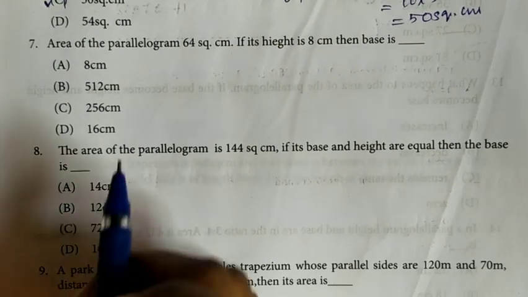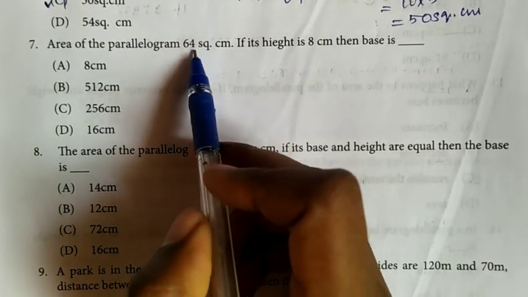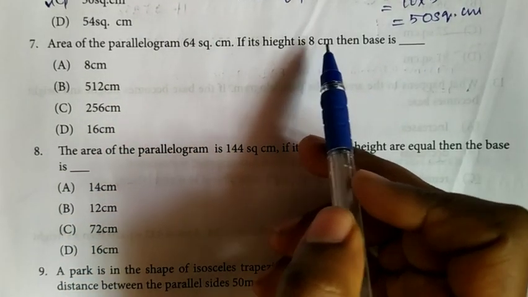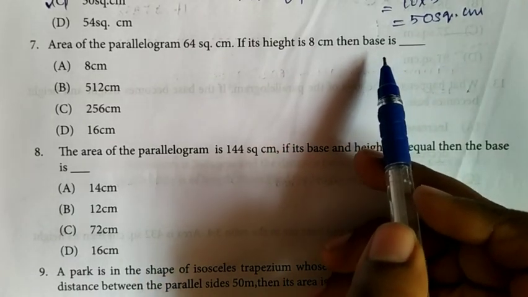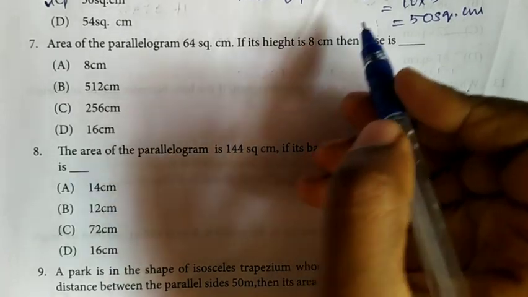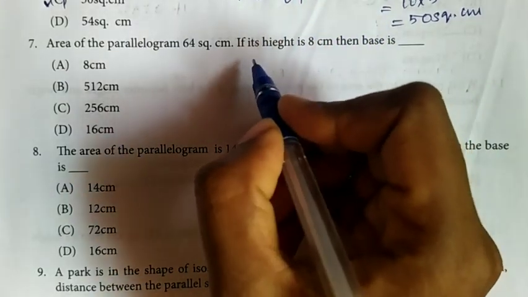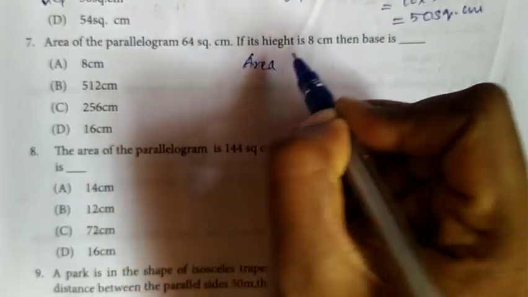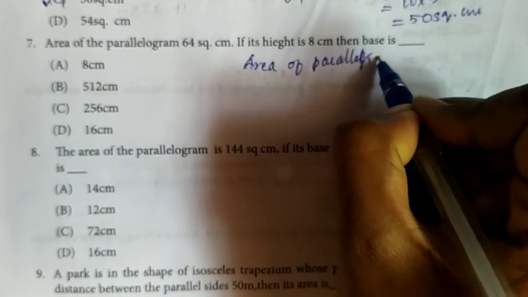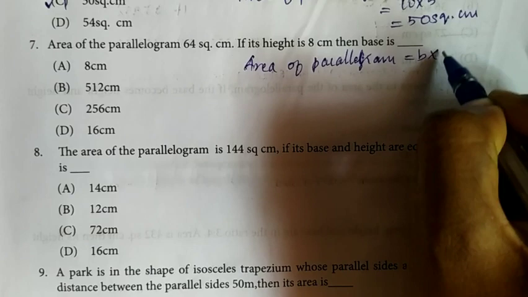Seventh question: area of the parallelogram is 64 square centimeter. If its height is 8 centimeter, then base is. In the question we have to find the base of the parallelogram. We know the formula, area of parallelogram is equal to base into height.